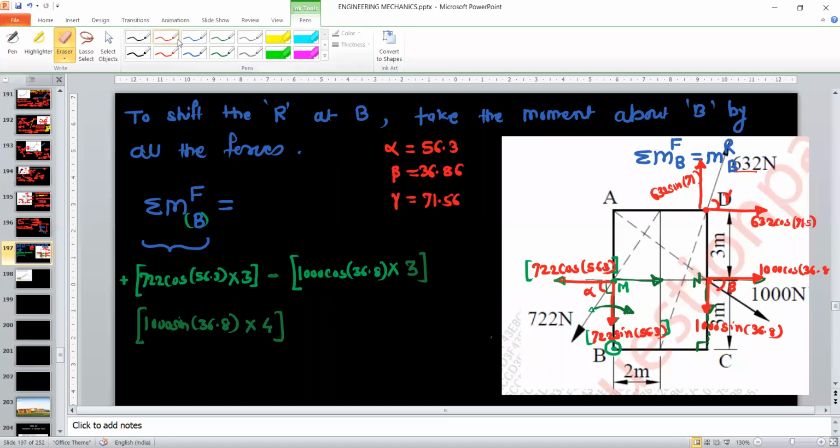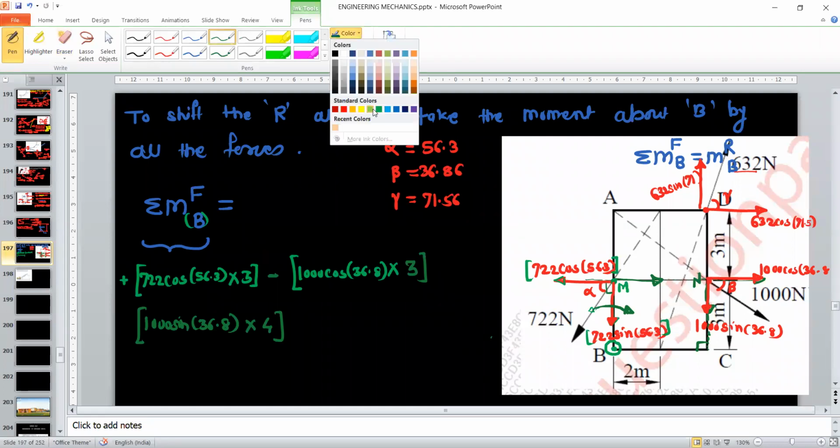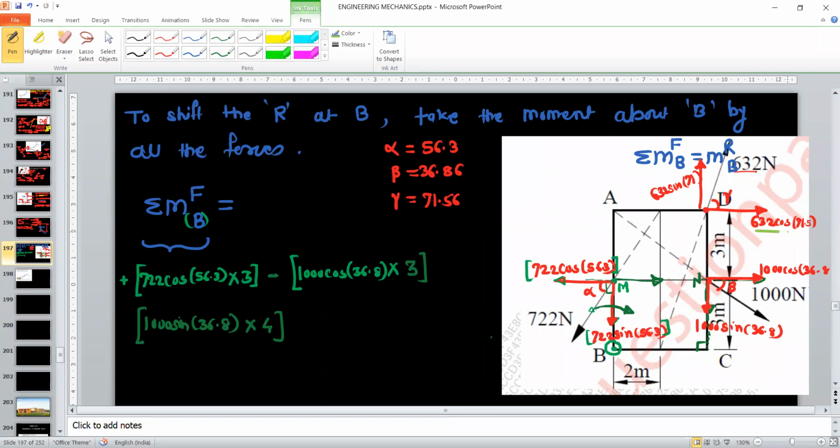Okay. So next is 632 cos 71.56. So this is the force value into the perpendicular distance.